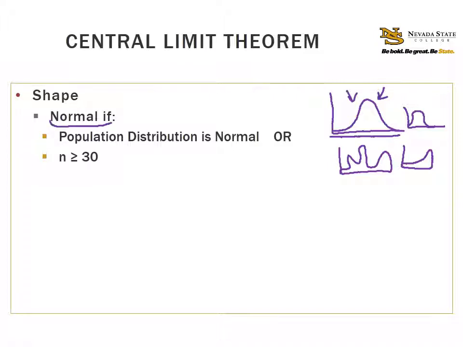Now, this is especially important because Excel is only able to estimate probabilities of samples based on the population mean, population standard deviation, and sample size if we are working with a normal distribution.